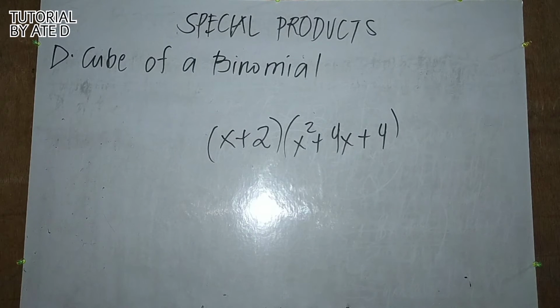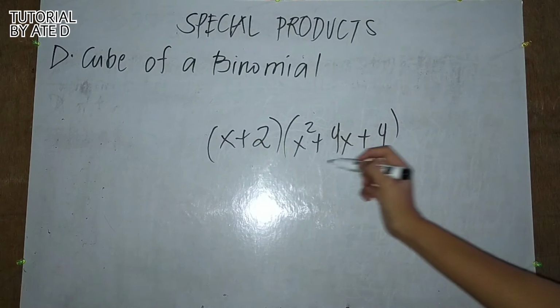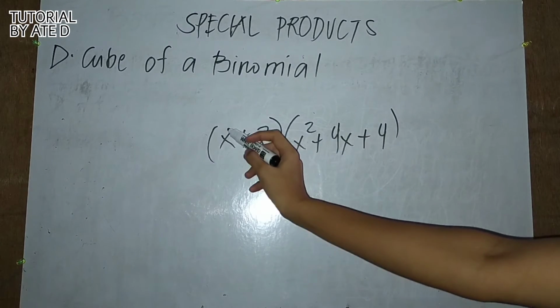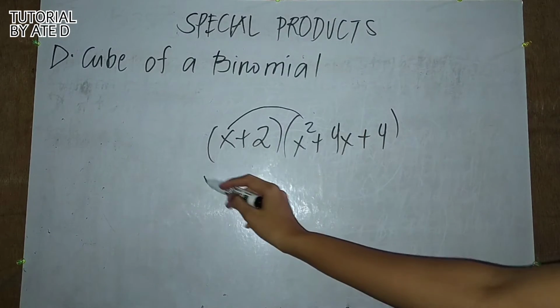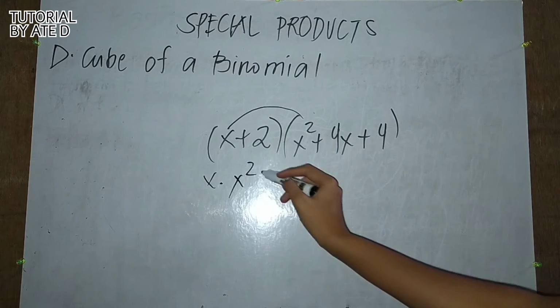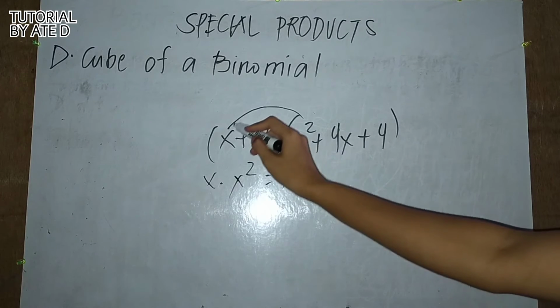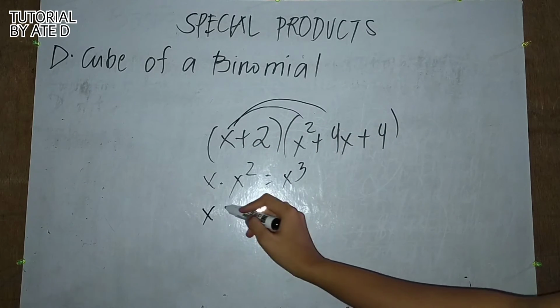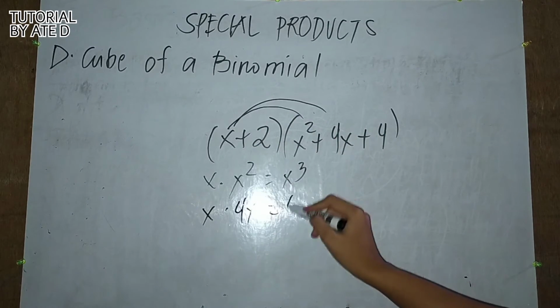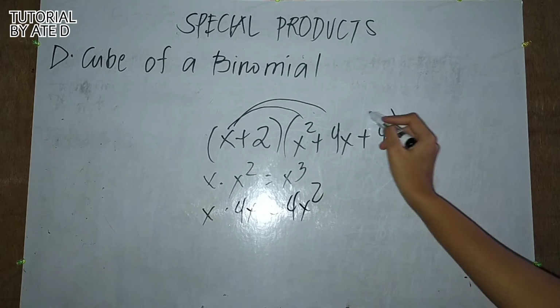Now, using the big method, kukunin na natin ang product nitong dalawang equation na to. So, x times x squared will give us x cubed. Next one, x times 4x will give us 4x squared.